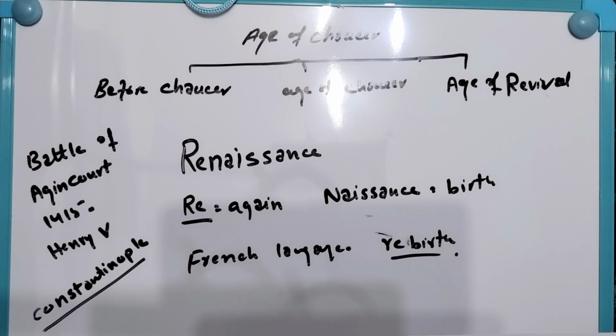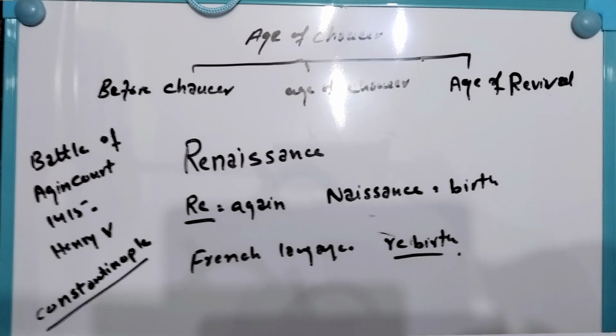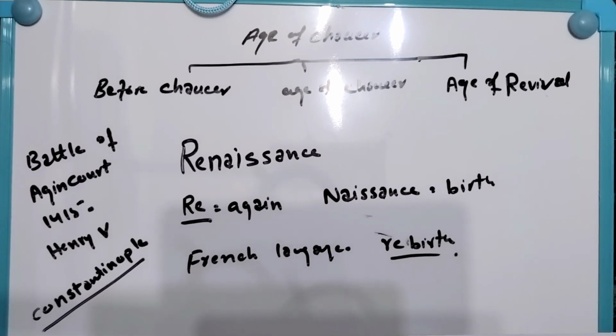What a fantastic work the ancient writers had written. So when people across the world started reading all the ancient Greek and Roman work, we know it as Renaissance, meaning rebirth, the revival of literature.